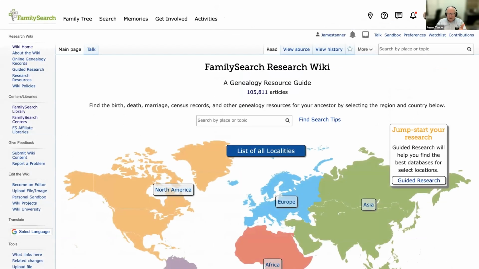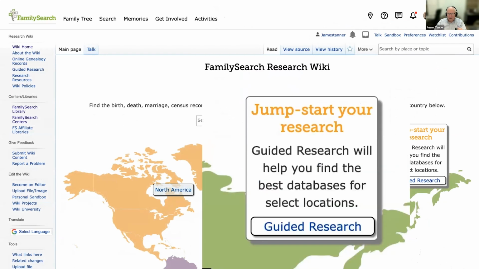So this is the Research Wiki. This is what we've been talking about. But one of the things you need to look at from the standpoint of beginning this process is that you've got instructions on how to proceed and what records you may want to look at. So you can go to guided research in many countries that are now available on the wiki, and more will probably be added as time goes on.